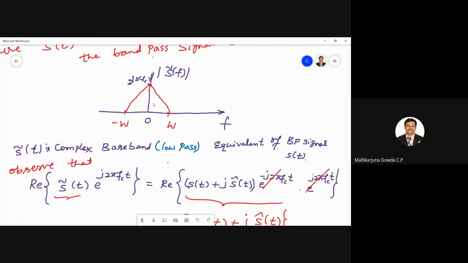So this complex envelope dispenses with the carrier frequency, and that makes the analysis simple to deal with. Processing or analysis of a low frequency signal is much easier than that of a high frequency signal. That is the other reason why we are mapping this band pass signal into its equivalent complex low pass signal. Hope I conveyed the essence or need of representing the band pass signal as its equivalent complex low pass signal.